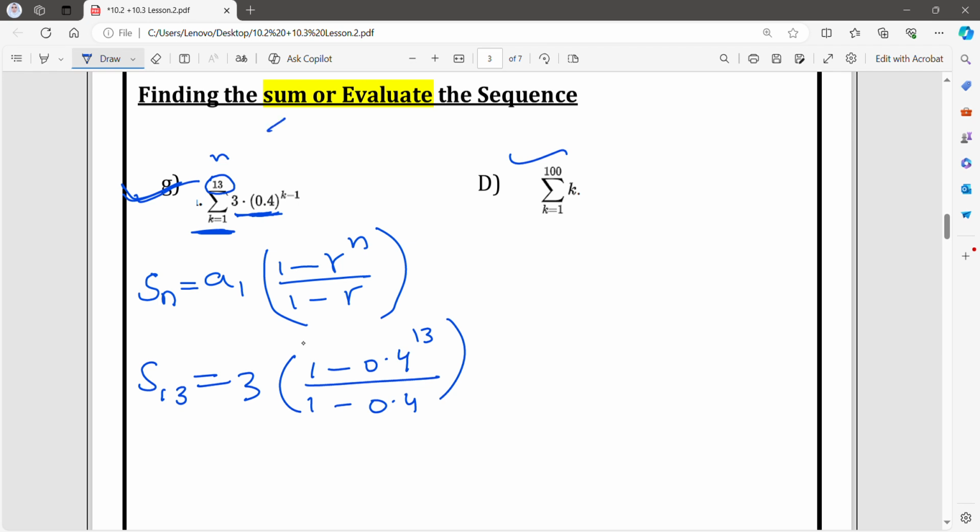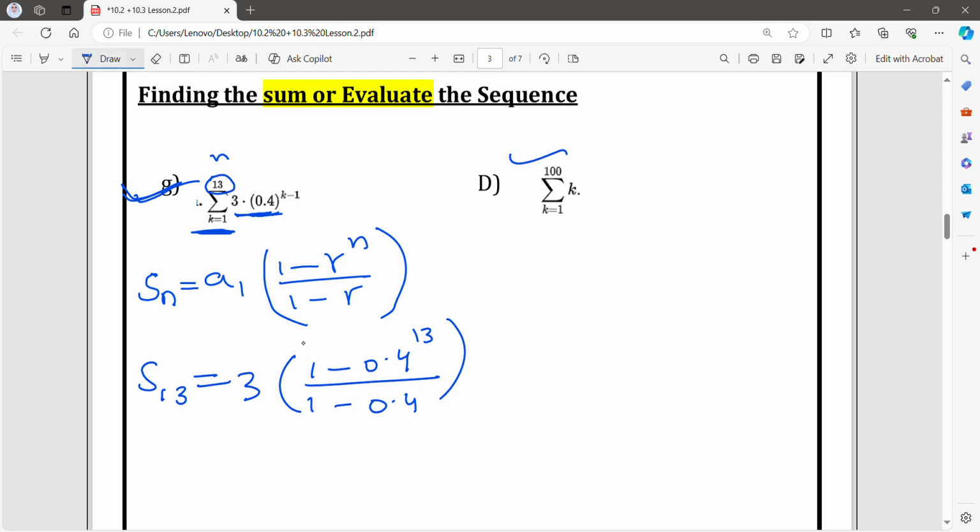For example, if you have 3 raised to the power k, then 3 is r because the power is on 3, and you are not multiplying anything here, so a1 will be 1. If you are writing, for example, 2 into, then 2 will be a1. Whatever number you are multiplying with the power value will be your a1.